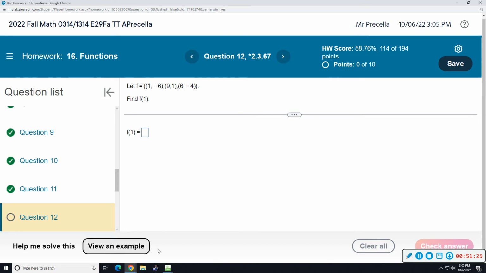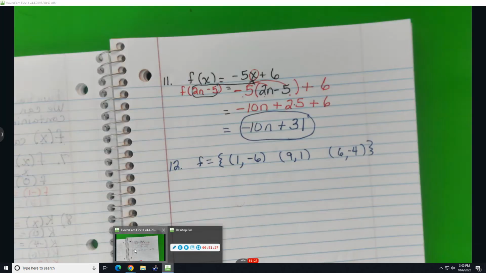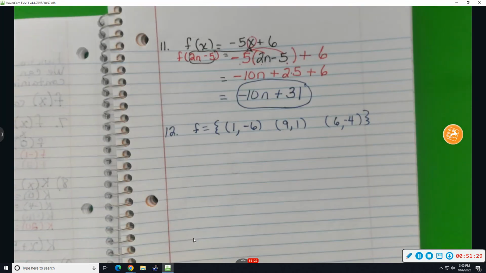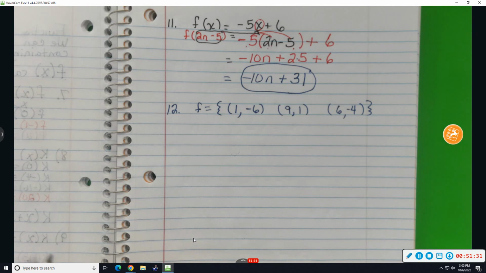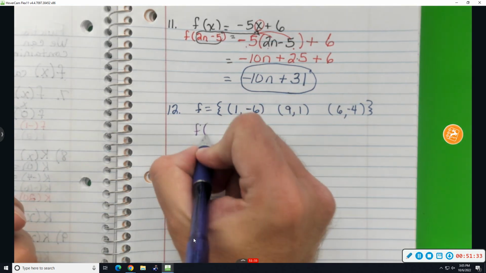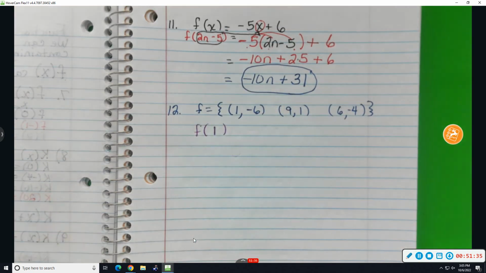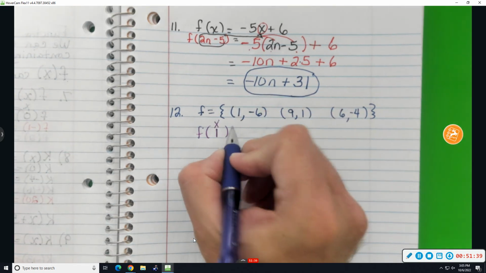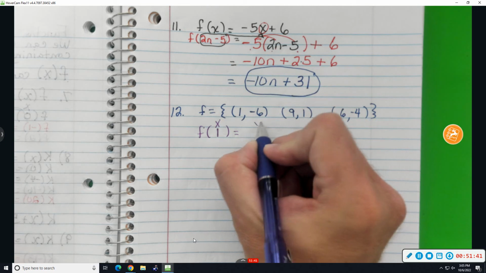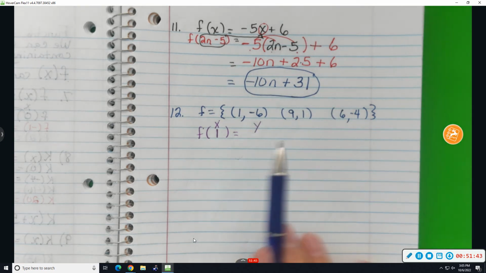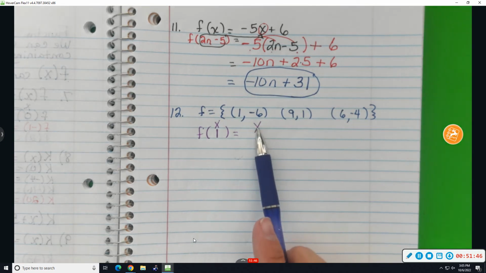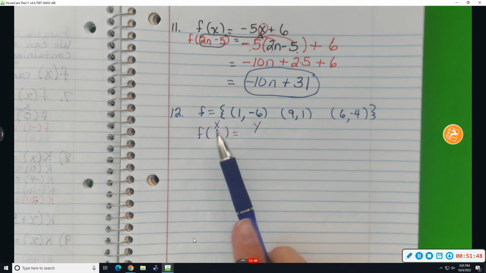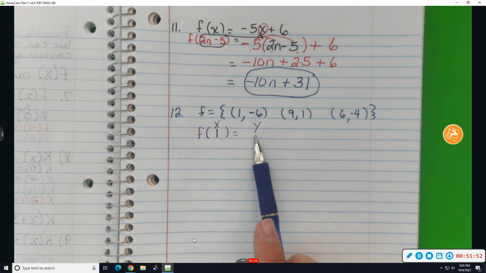And it says find f of 1. Find f of 1. The number in the parentheses is always x. Your answer is y. So what is this telling you to do? It says find the y value when x is 1. Having said that, what number is going to be the answer here?